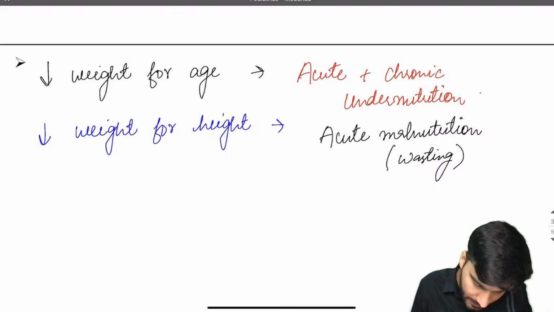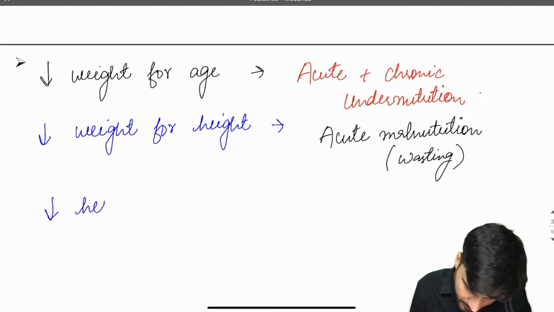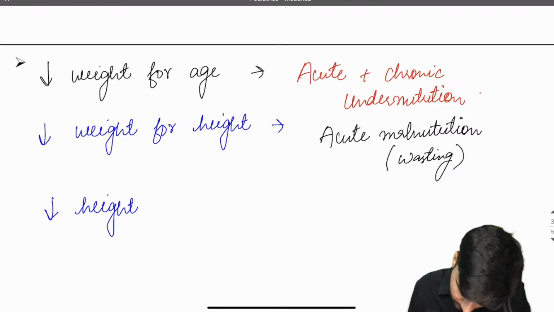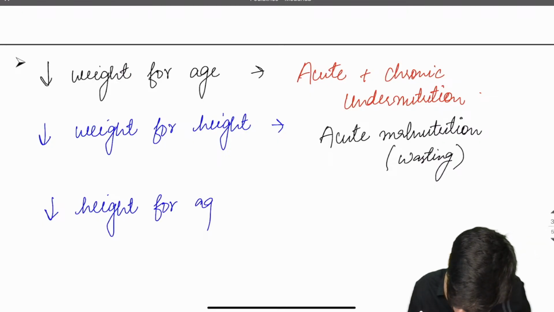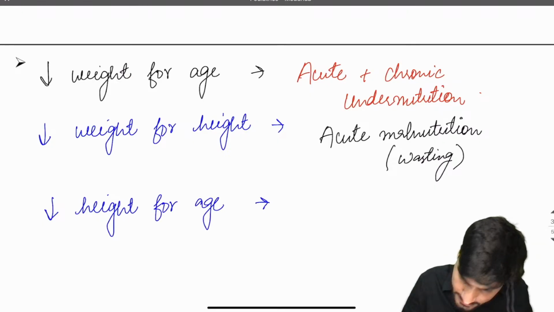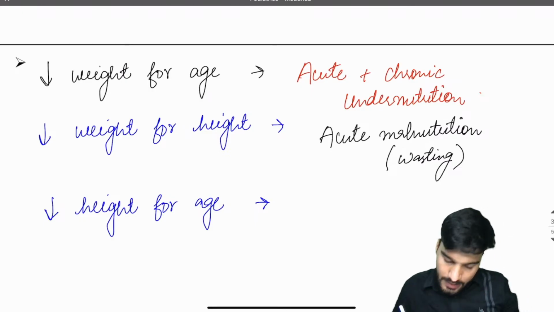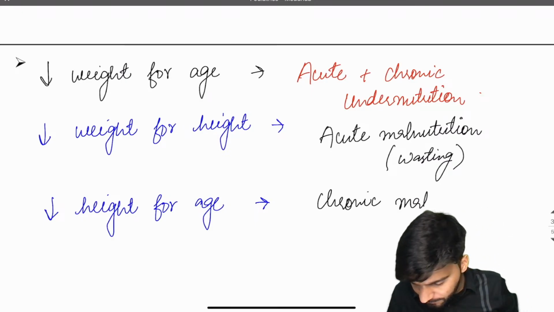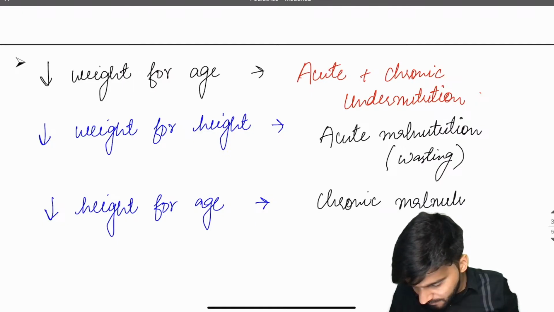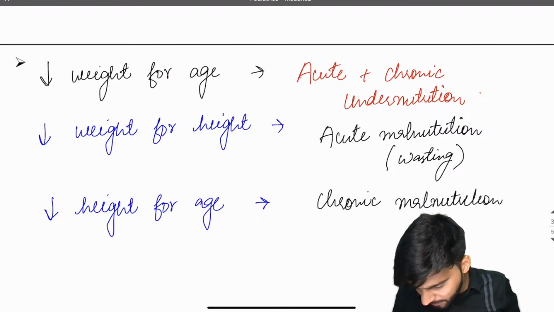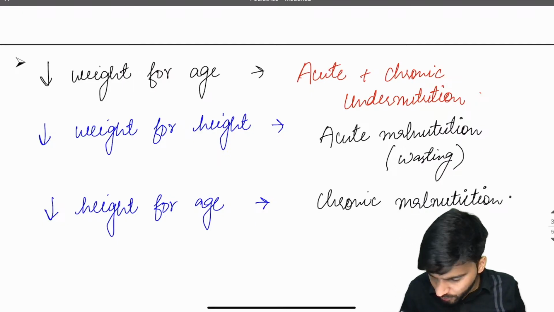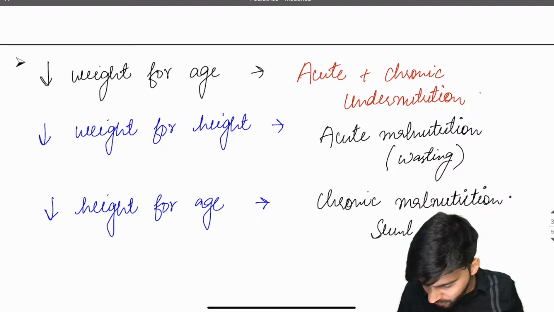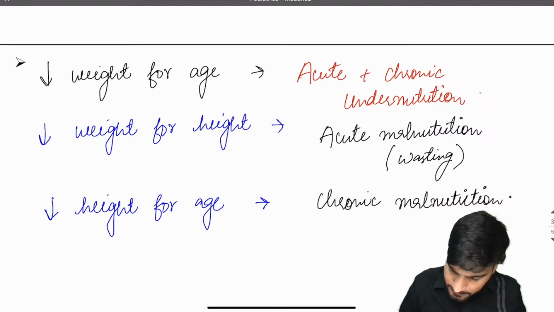And if there is decreased height for age, that is going to be chronic malnutrition, which is also called stunting.